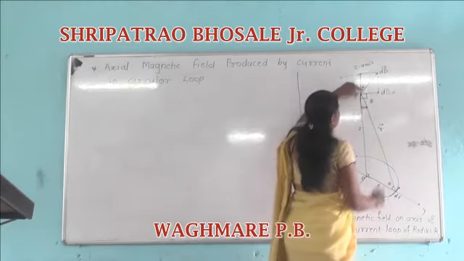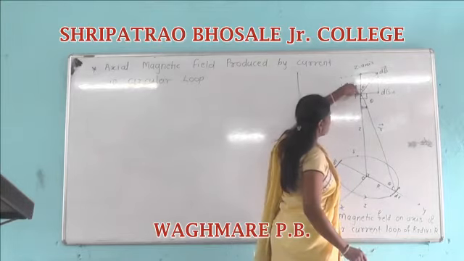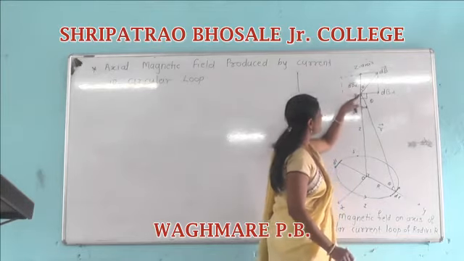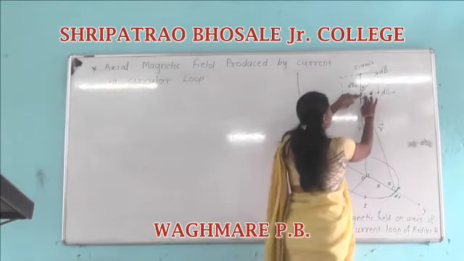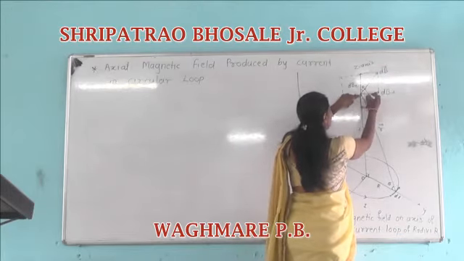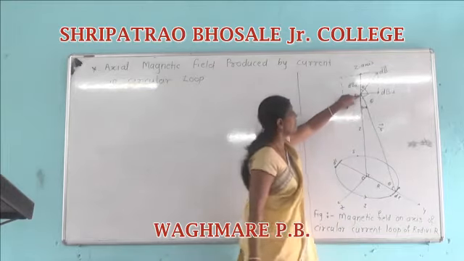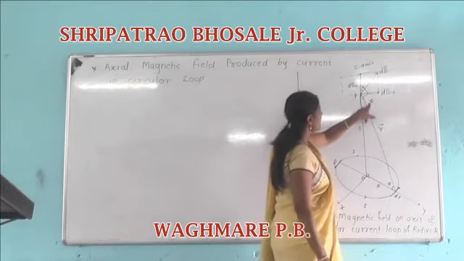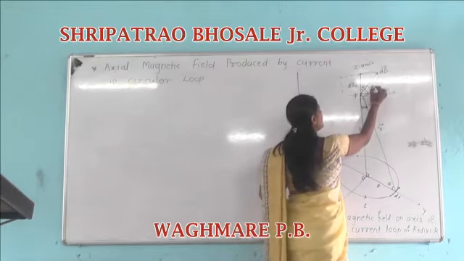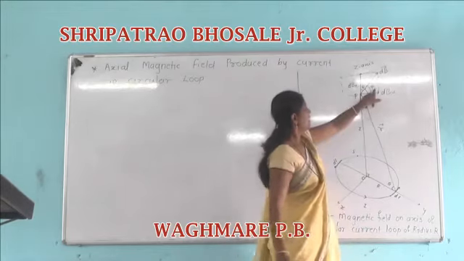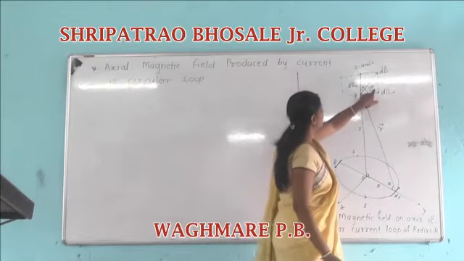And the direction of dB is perpendicular to this r. Therefore, this becomes 90 degrees. This angle is theta, so the remaining angle will be 90 minus theta.